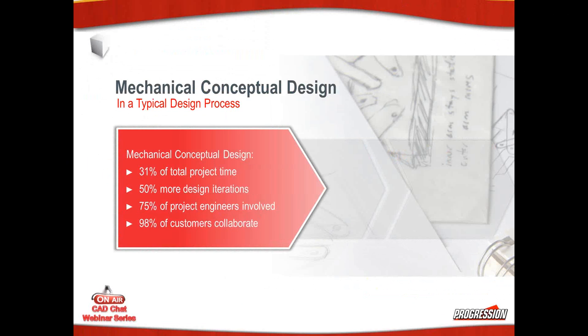Generally, on average, there are 6 conceptual and then 4 design iterations per project. That amount of time spent on the iterations of the conceptual process can be 50% of the time spent in the design iterations. Also, 75%, or 3 out of 4 project engineers, generally get involved in some way in that conceptual design process.